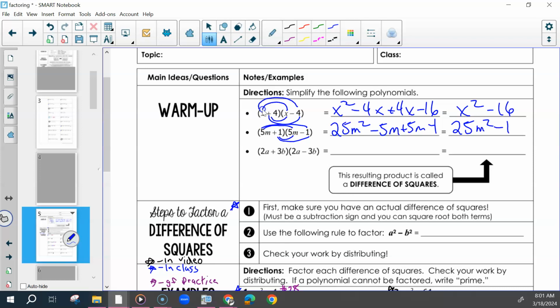Alright, last one. 2a times 2a. 4a squared. 2a times negative 3b. Negative 6ab. 3b times 2a. 6ab. Plus 6ab.